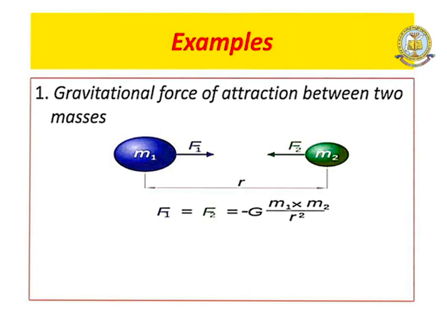Here G is the gravitational constant, m1 and m2 are the two particle masses, and r is the distance between the bodies.